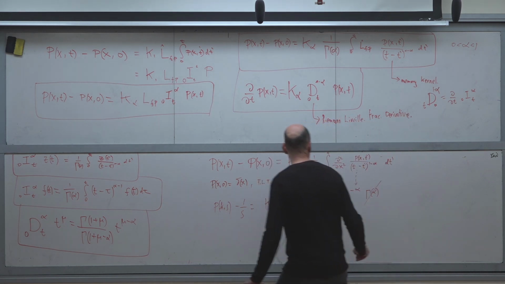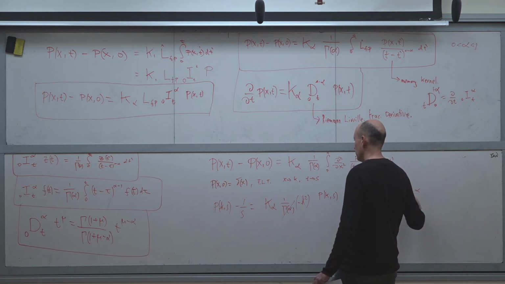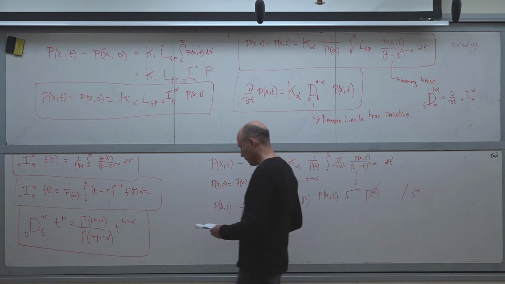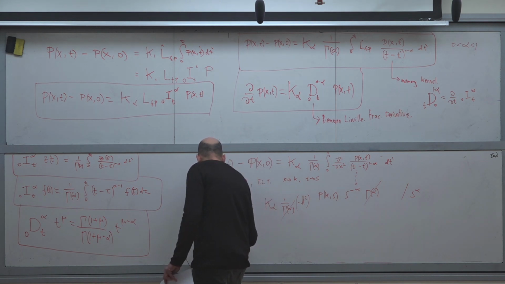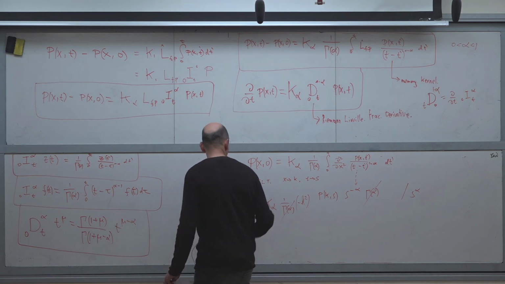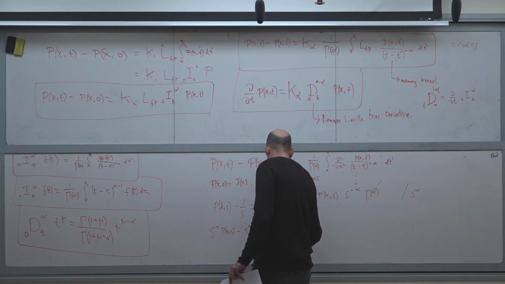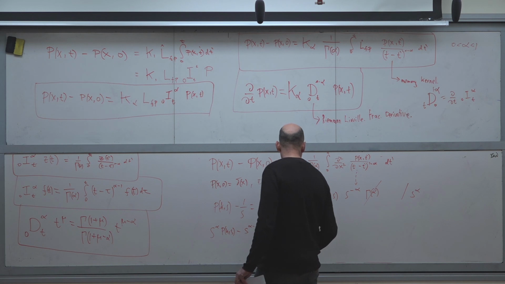So what do I get? Let's multiply by s to the power alpha. So I get the following: s to the power alpha P(k, s), minus s to the alpha minus 1, equals minus K_alpha k squared P(k, s).